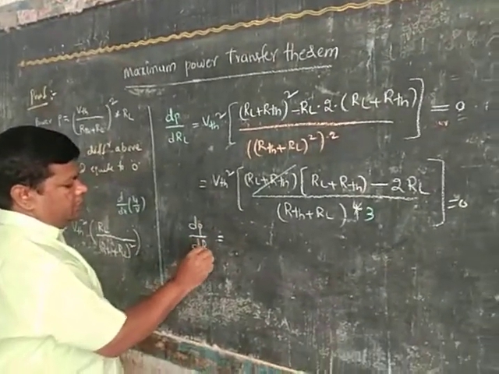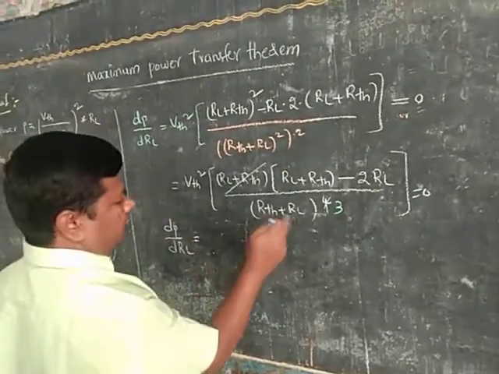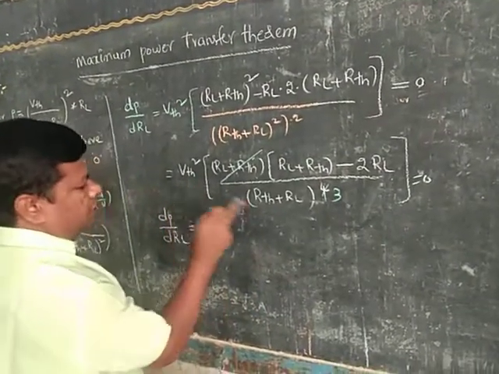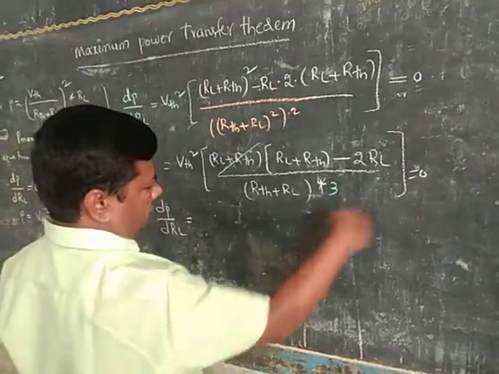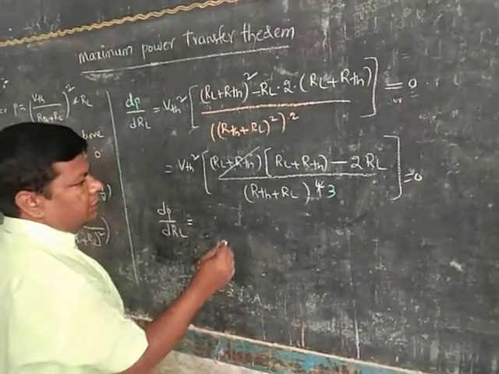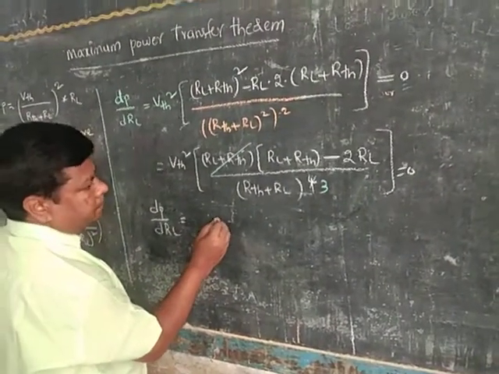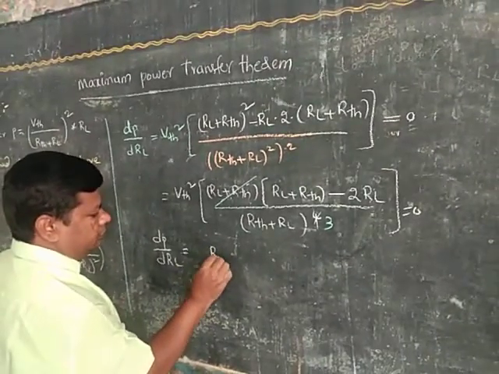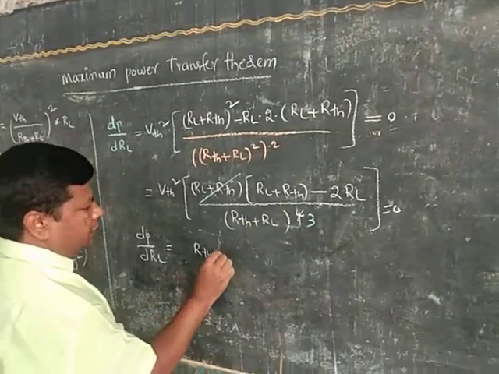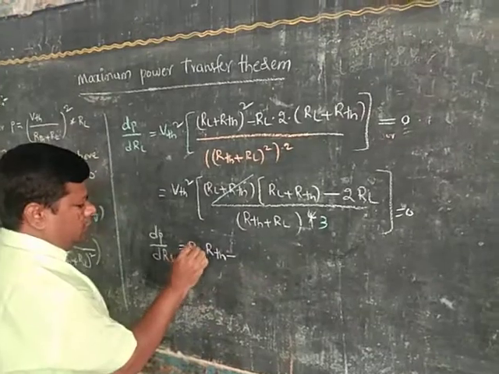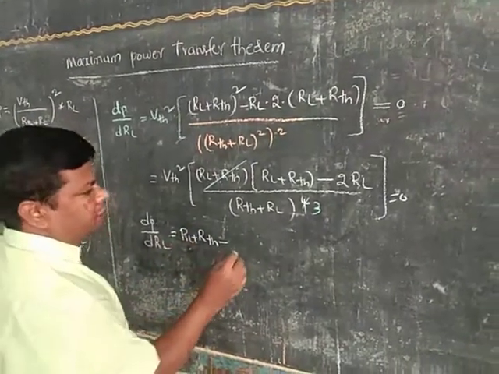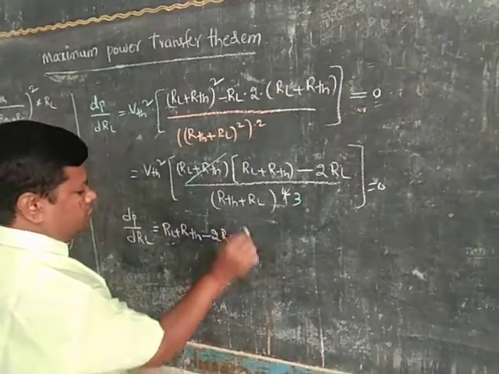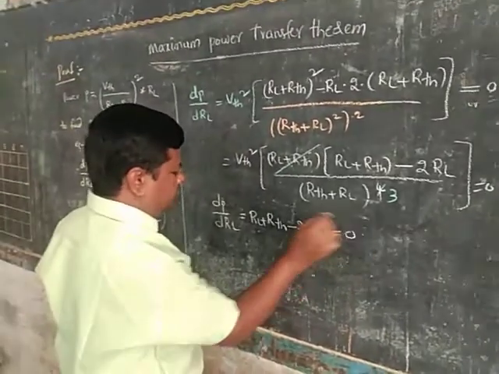dP by dRL: take 2 V Thevenin whole square over R Thevenin plus RL whole square on one side, and the remaining part is R Thevenin plus RL minus 2RL equals 0.